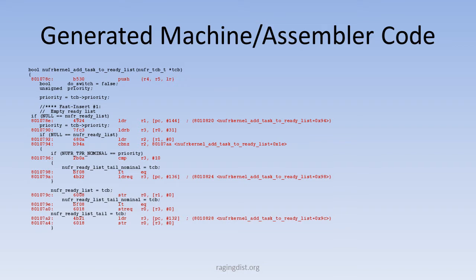So this third column has a human readable form of the machine instructions. B530 isn't readable. The push R4, R5, LR, that's human readable. So assembly language or assembler code is as human friendly as you can get, way of describing, controlling, and specifying machine code.